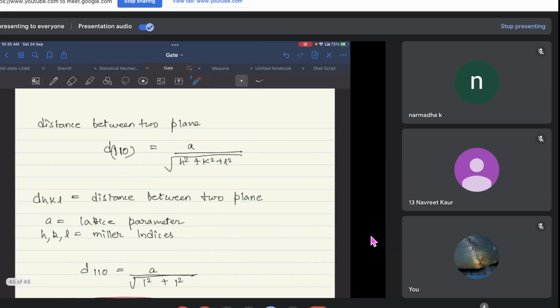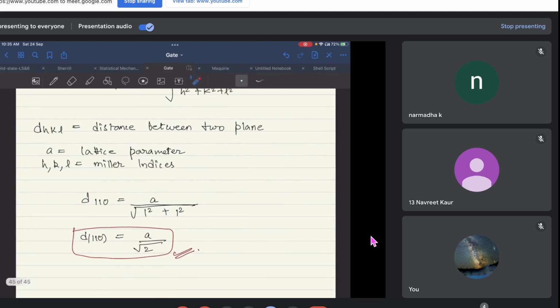To find the distance between these two planes, we need to apply this formula: the distance between two planes d_HKL is equal to A, my lattice parameter, divided by the square root of h square plus k square plus l square, that is my Miller indices. Now d_110 will become A upon the root of 1 square plus 1 square, that is root 2.